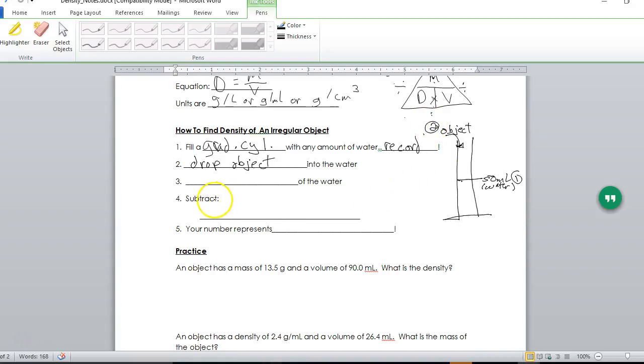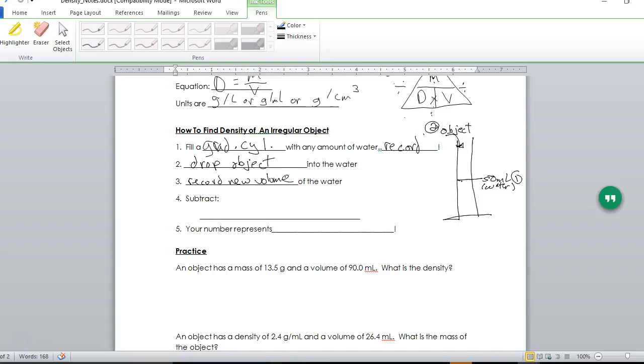Next, you're going to record the new volume. If you were ever a fun trickster sort of kid, and you filled your bathtub all the way to the top and then got into it, you probably saw a bunch of water spill out once you got in.